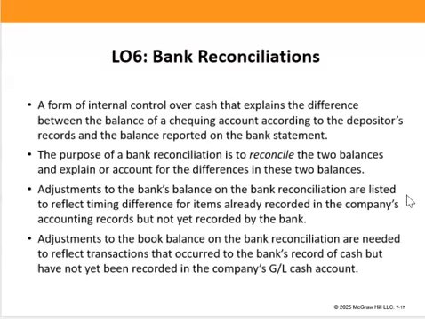Other things that are timing differences are, say, every 2 weeks we do a huge check run. Okay, and what a check run means is that we pay all of our suppliers that we owe money to. So we print off all of these checks, put them in envelopes, and take them to the post office and put stamps on them and mail them.